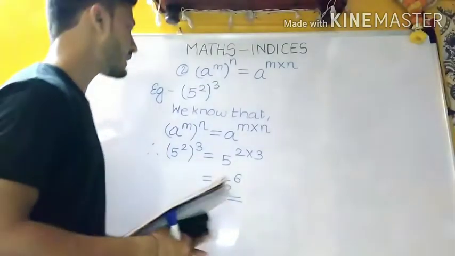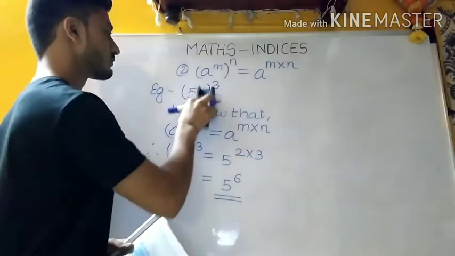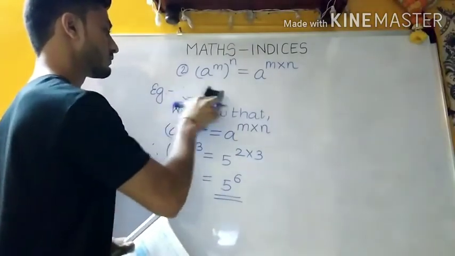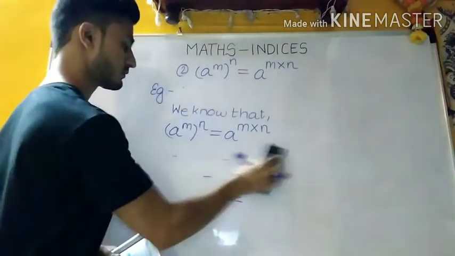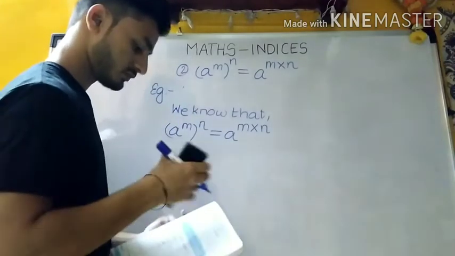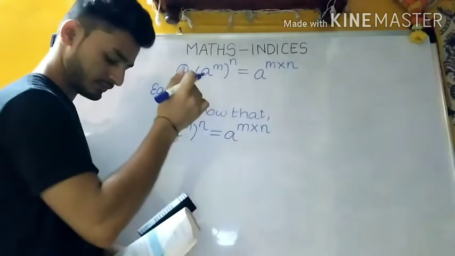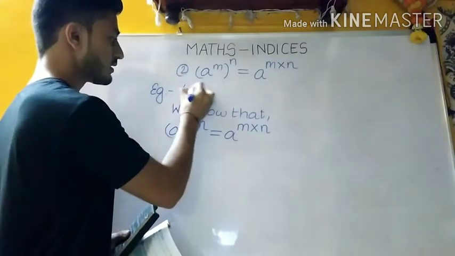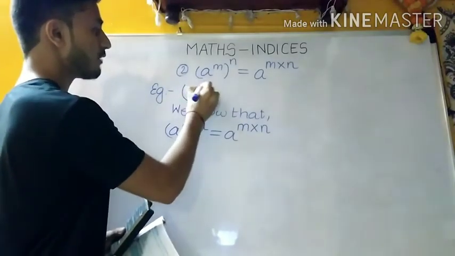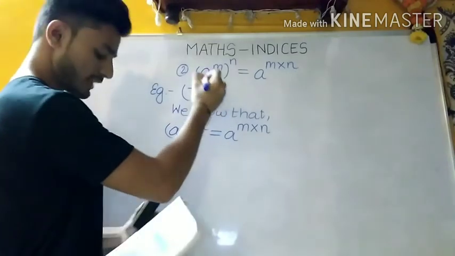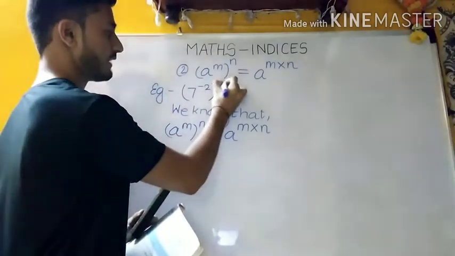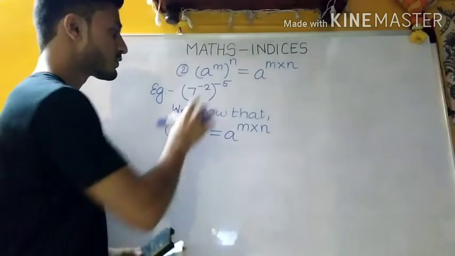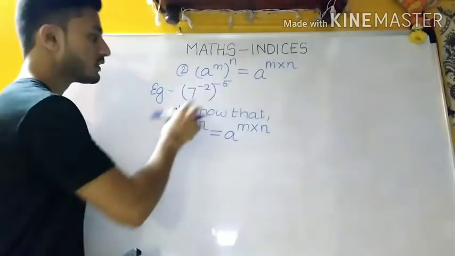One more example. 7 raised to the power minus 2 raised to the power minus 5. Okay, so we are going to solve this question now.